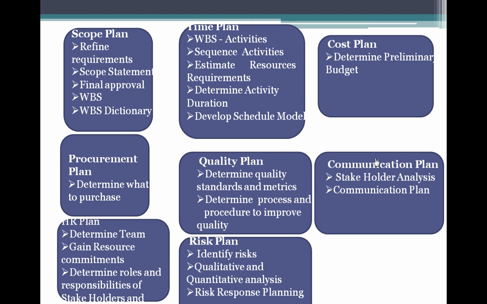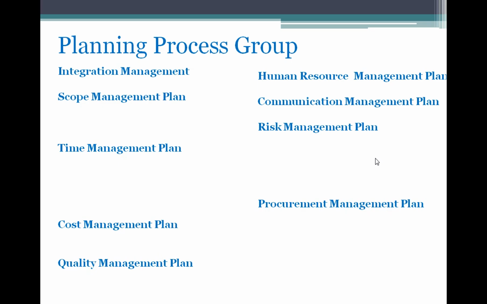So the project planning document is the most critical in project management, and that is the planning process group, with these knowledge areas. In this project planning document he updates all these processes in these knowledge areas.